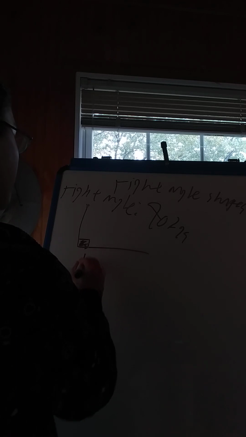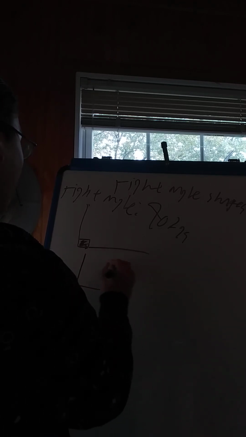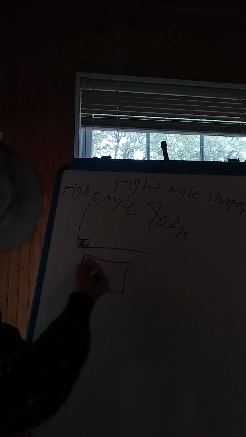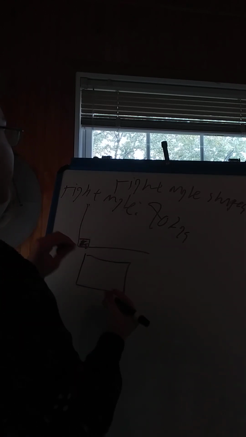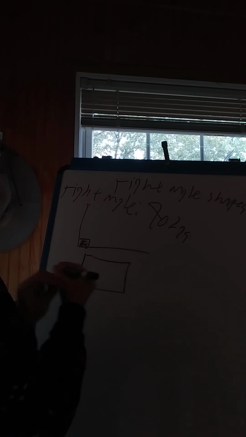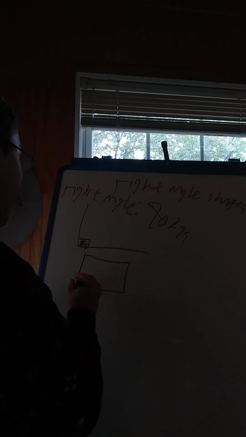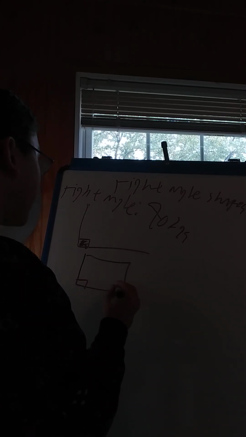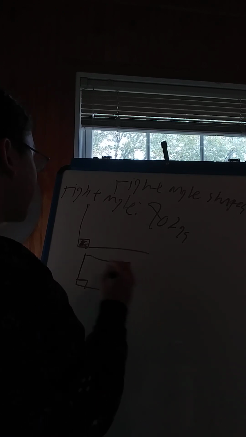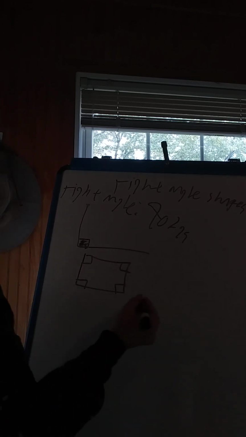So this right here, let's call it a square. As you can see, the sides are straight, and there are definite corners, and they're all even, and lined up like that. Obviously, we can draw those squares in, and if we can do that, then it's a 90 degree right angle shape.